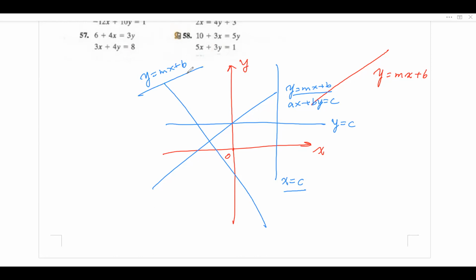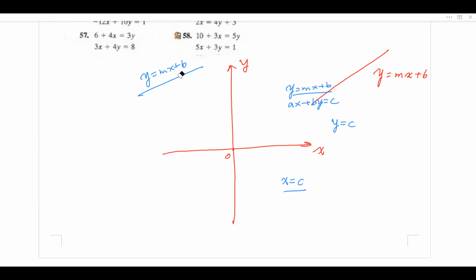Since there are so many lines, when you graph any line, you need to know how to find out its expression. This is not so challenging, right? They're only made of two things: one is slope, one is y-intercept.